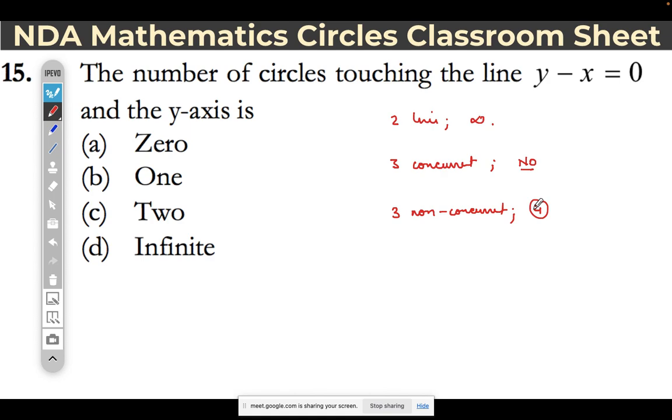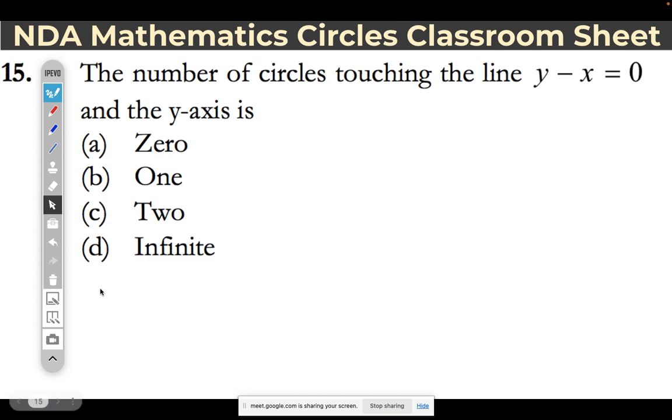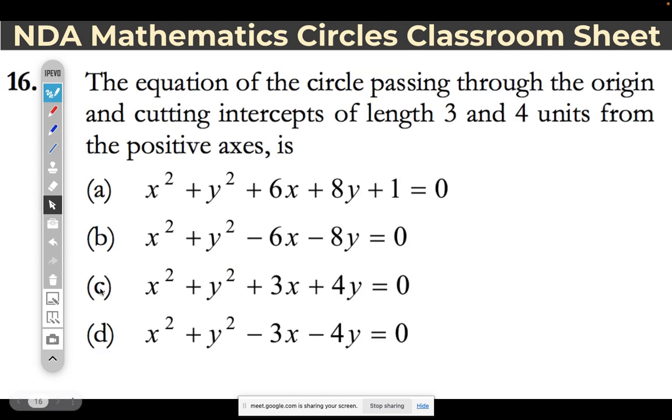So, yes or no? I've told you, whenever this happens, the center is the midpoint of the intercepts, right or not?